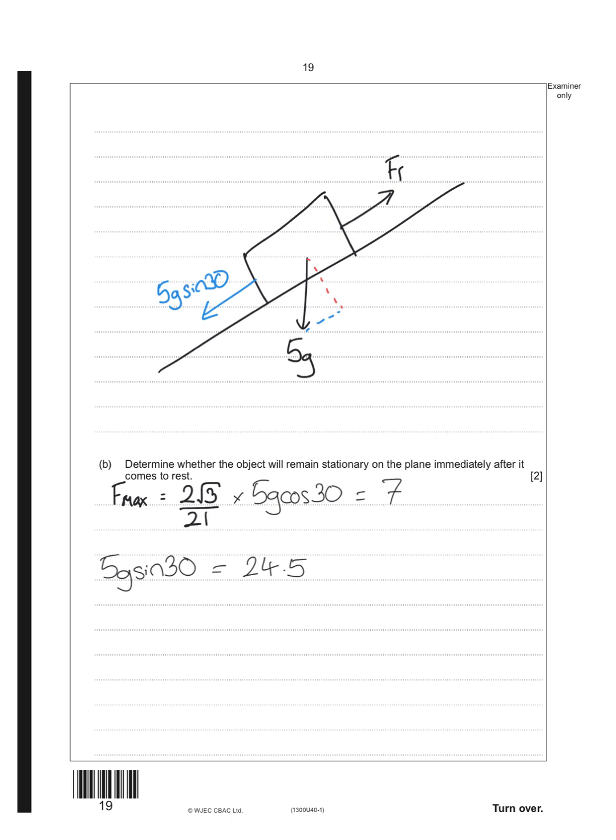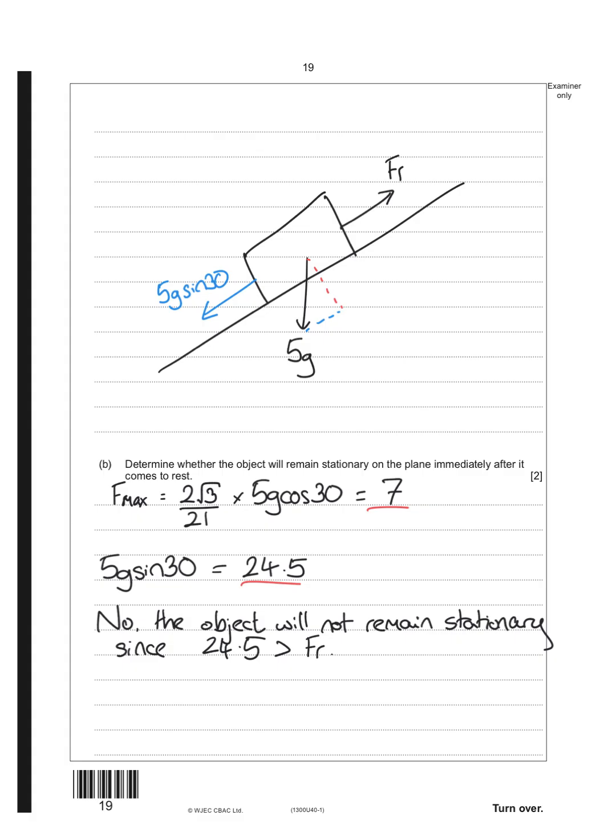So what we can say is no, the object will not remain stationary since 24.5 is greater than the friction available. Okay, so I need to look at the size of both of these forces.